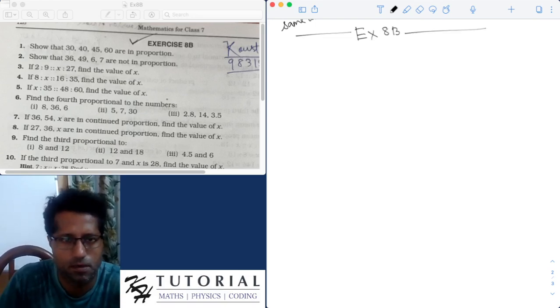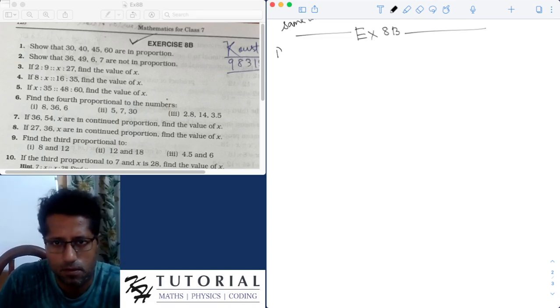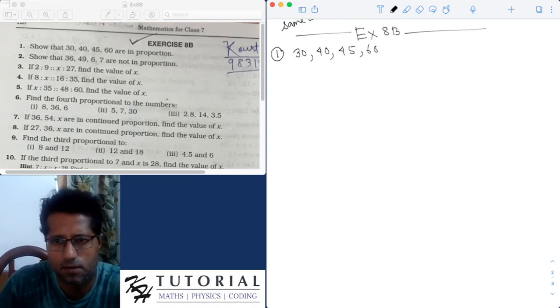Okay, exercise 8B, question number 1. It is asking, show that 30, 40, 45 and 60 are in proportion.